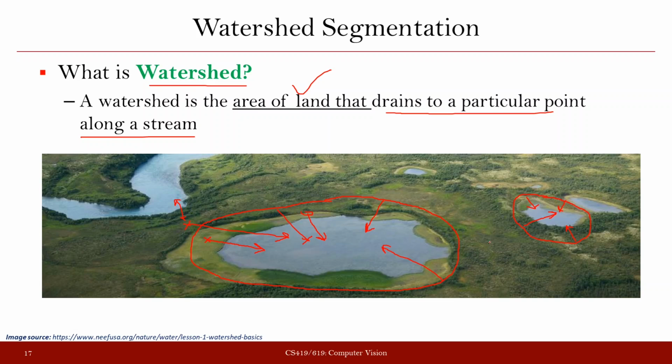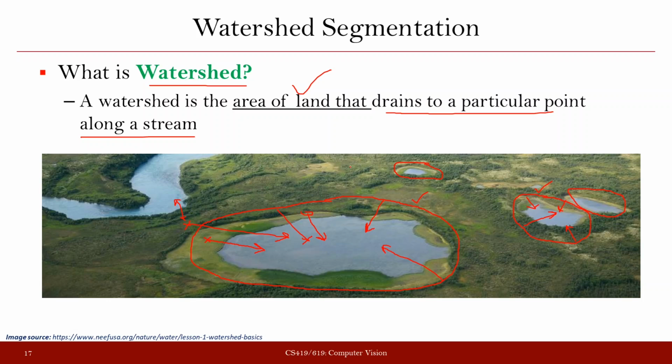For example, in this particular image, this is one watershed. Similarly, this is another watershed. You have a third watershed here. I'm just highlighting some, but with respect to any point you can define a watershed, because if a water drop falls on this land, it will go and accumulate at some place.